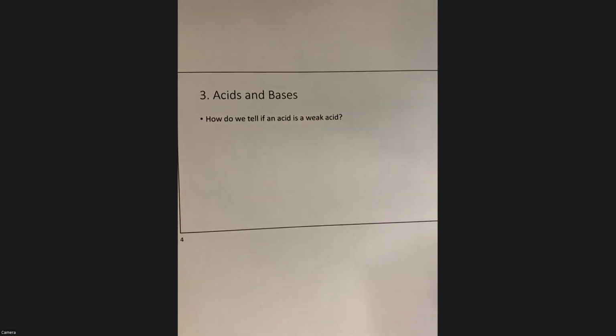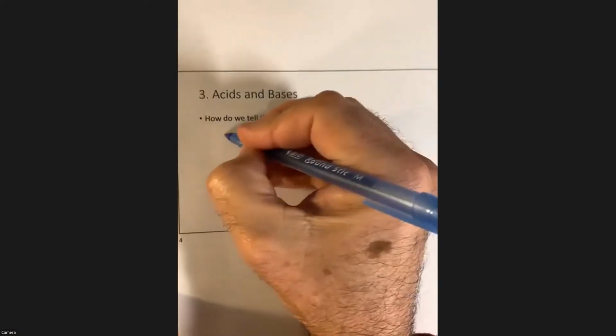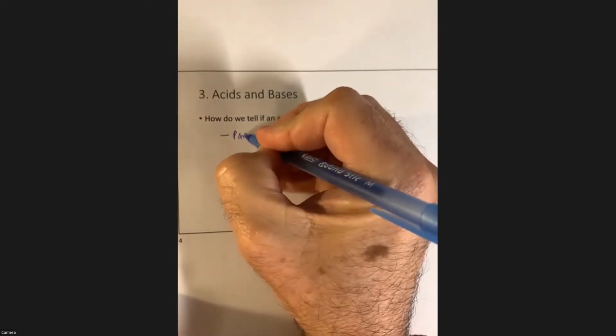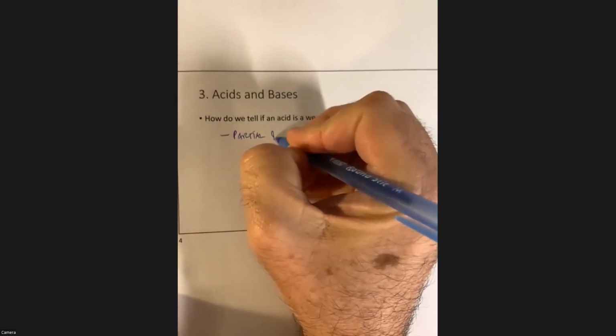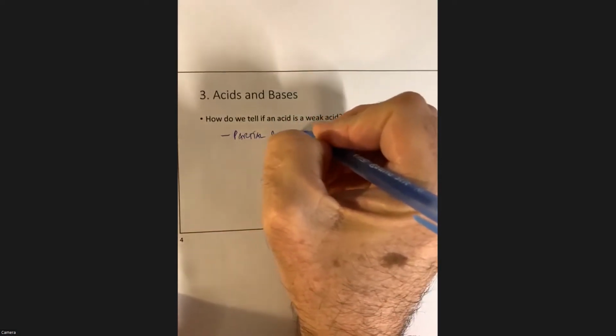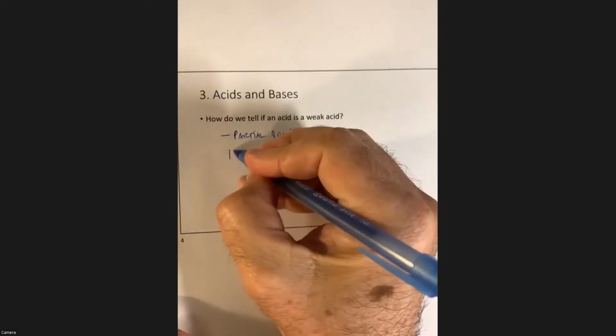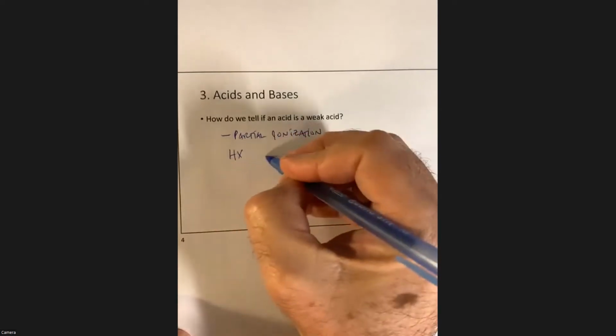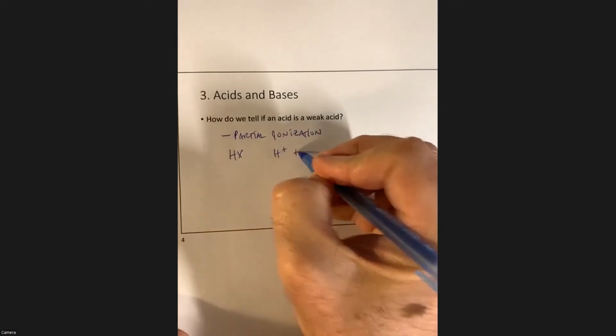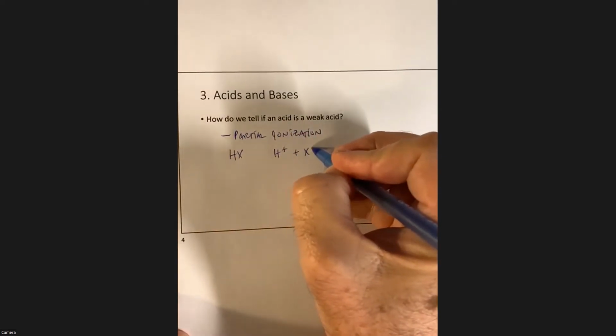Now, how do you tell an acid is weak? It only ionizes partially. All right, so partial ionization, very good. That's one of them. It has a low percentage of ionization. Very good. What's another one? What if you look at the equation for the ionization?